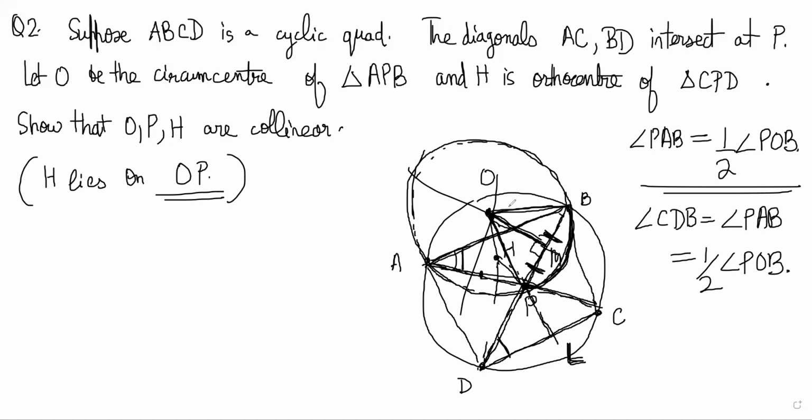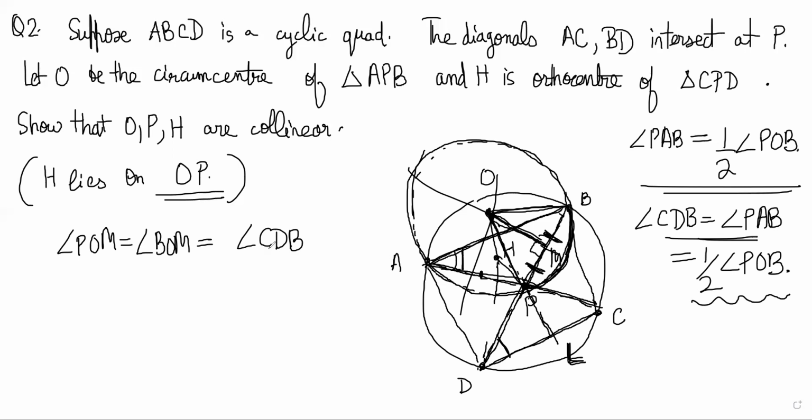And angle BOM or POM is basically half of POB, right? So therefore angle POM or angle BOM are both equal to angle CDB, right? Because here we have already established that that is half of POB.